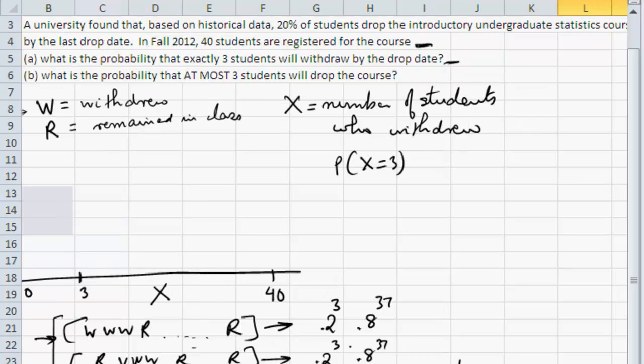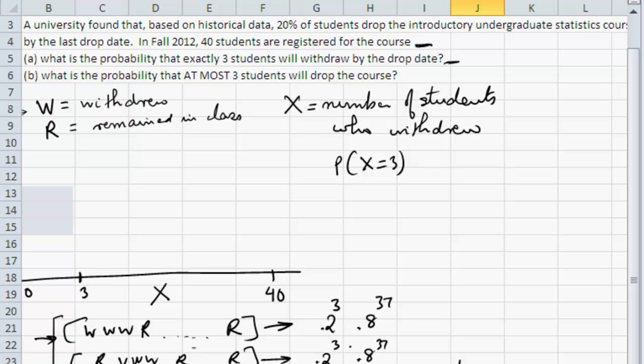So it would be equal to binom, the binomial distribution, and you say, how many successes am I looking for? I'm looking for 3 students to withdraw from the course. There are a total of 40 students in the course.